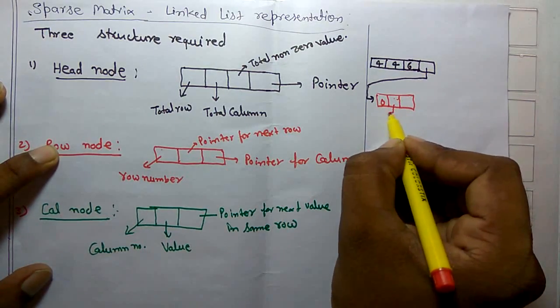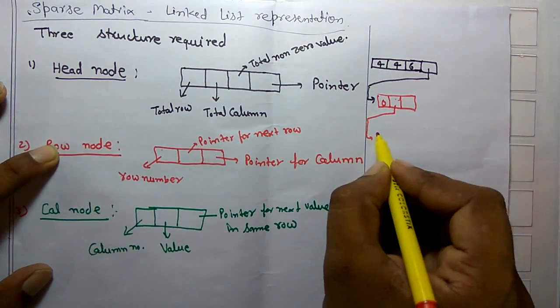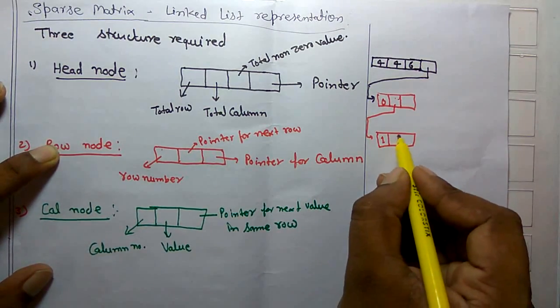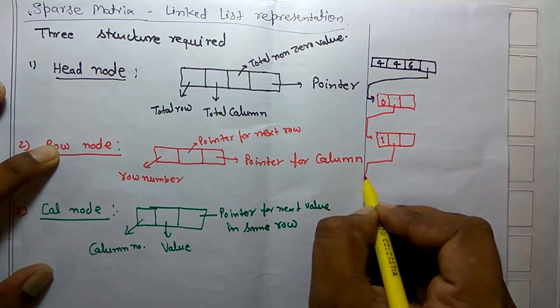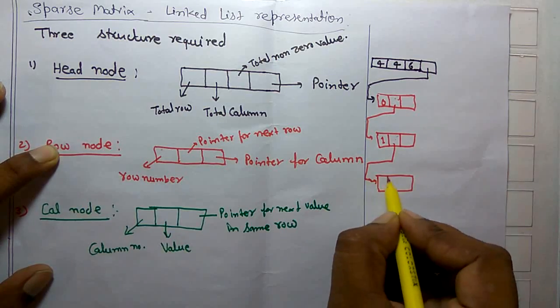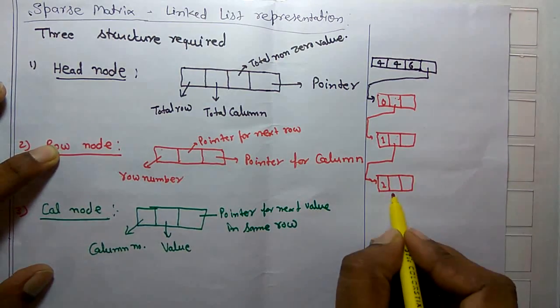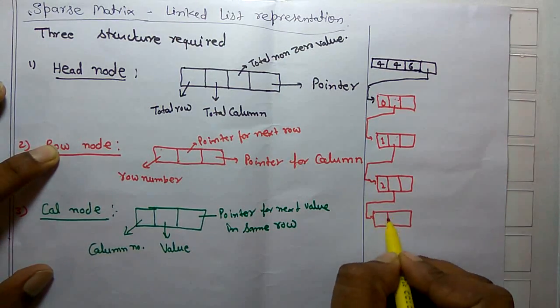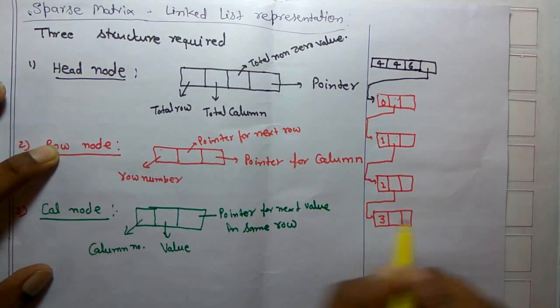Its next pointer points to the next row, which is 1. Its next pointer points to row 2. And its next pointer points to the last row, row 3.